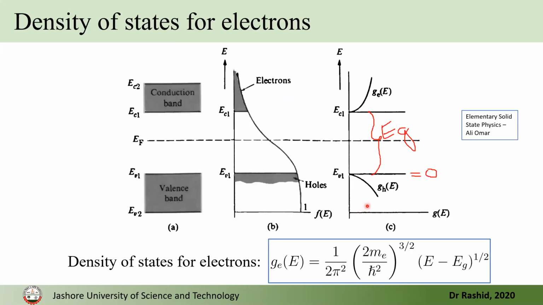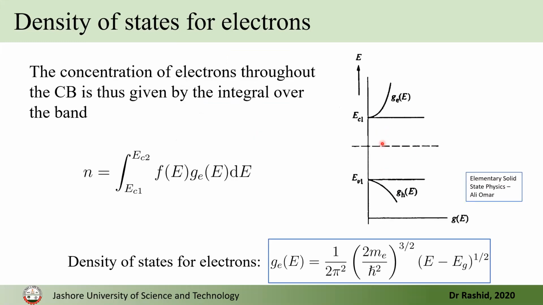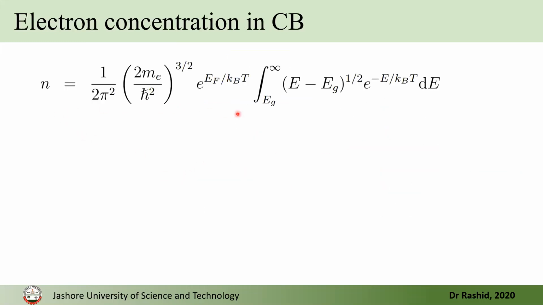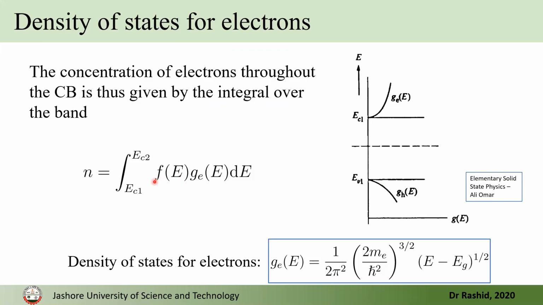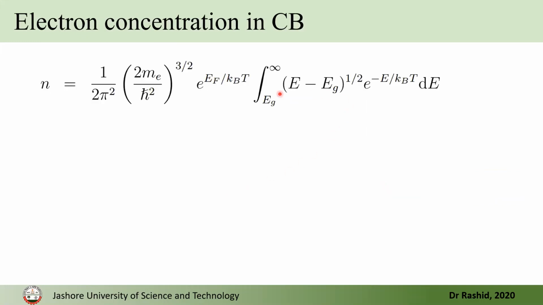And we have shown that here EC1 is equal to EG. So we have this expression with the values of f of E and g of E. g of E is equal to this. Now we would like to make this exponential like this one, E minus EG.